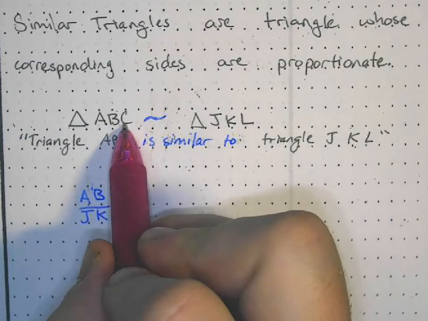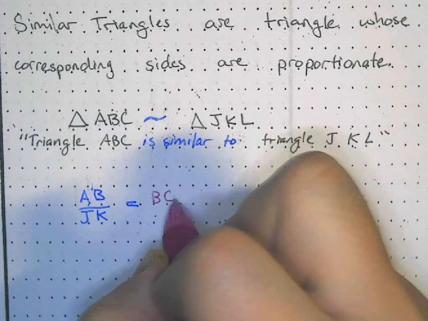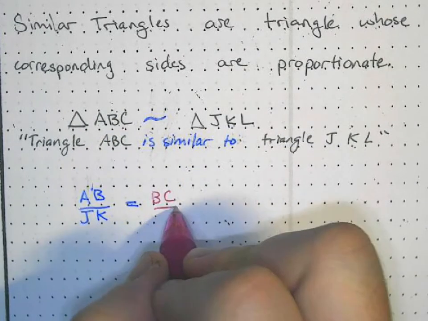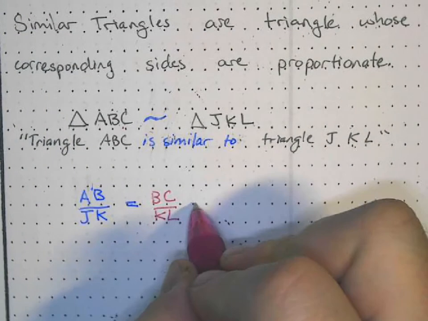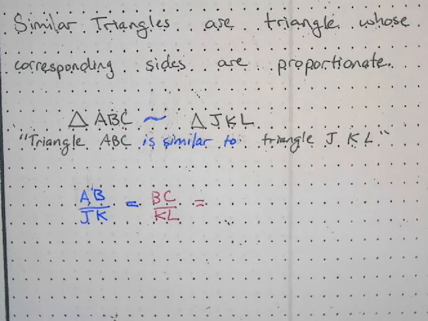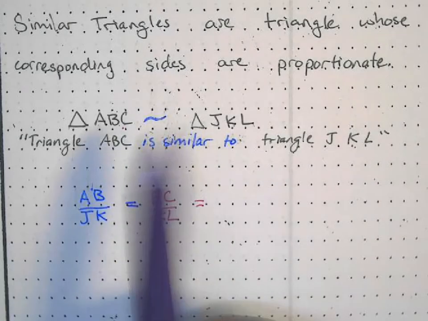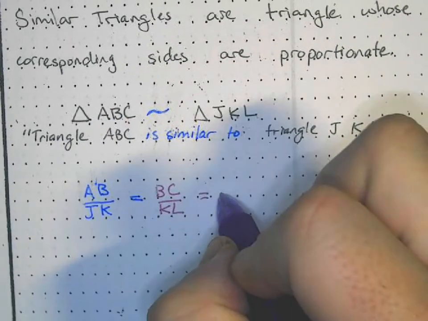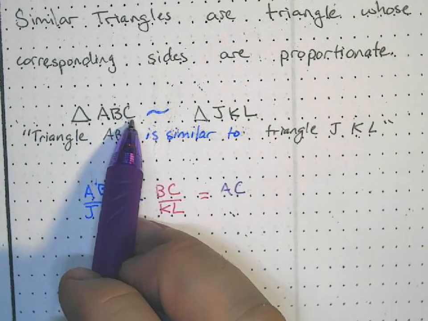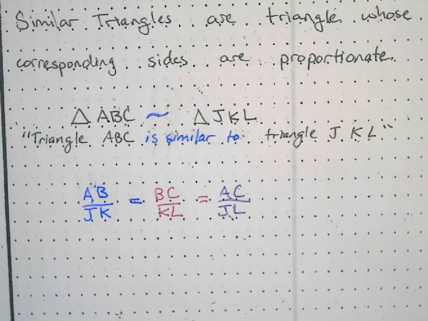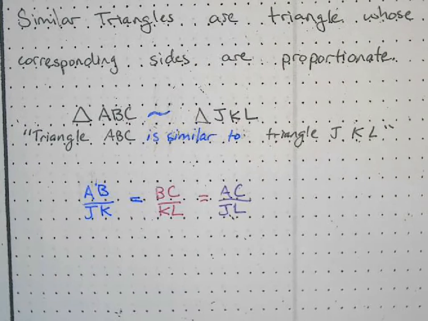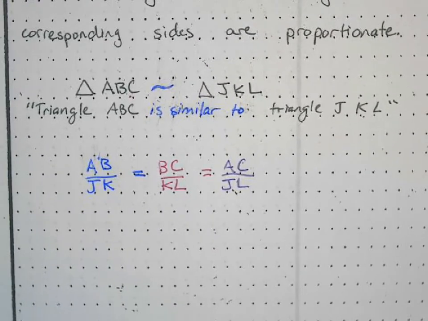I could say BC, and BC matches up with KL. And then my third pair of sides we could say is proportionate as well. And we could say AC is proportionate to JL, like so. So we can set up these proportions and ratios using similar triangles.